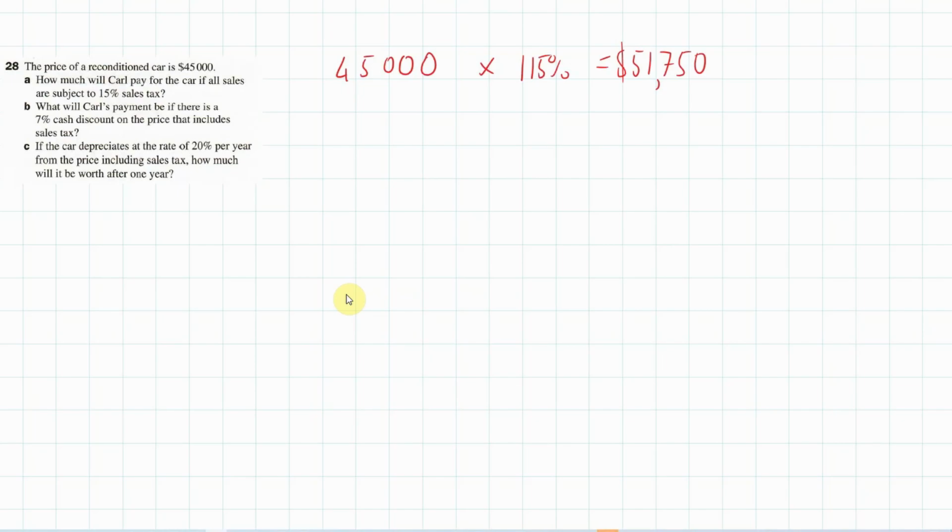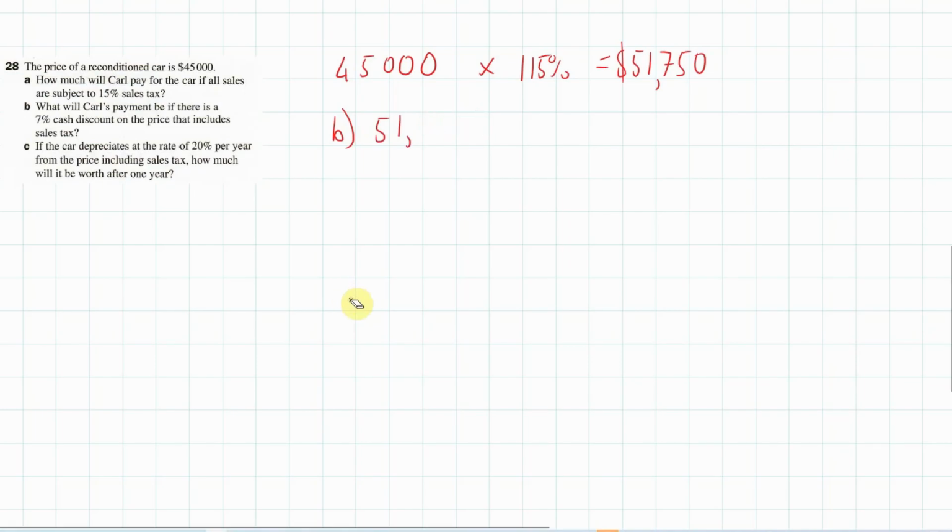Okay, B. Carl's payment if there's a 7% cash discount on the price that includes the sales tax. Okay, so we're going to take the price which has got the sales tax in it, and because Carl is a smart man, he has saved up cash, and he's going to pay cash. I think I've stuffed up my number here.